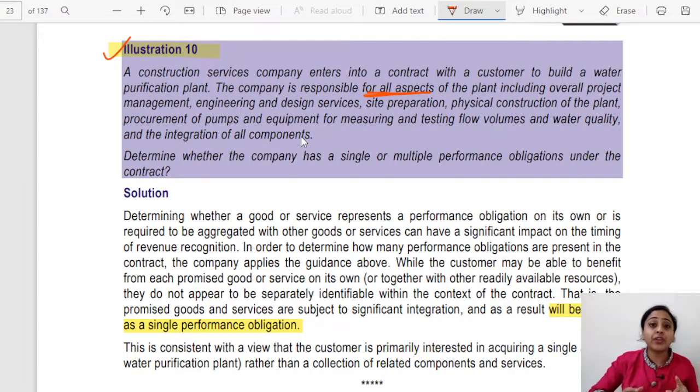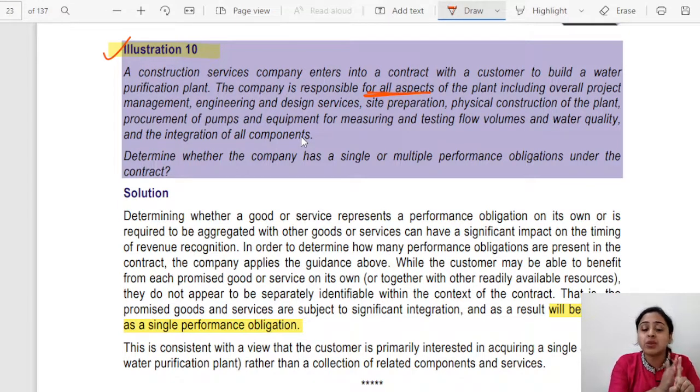The contract is to build the whole plant, not for any separate services and separate goods. Therefore these goods and services that you are transferring should be considered as one particular package. It should not be separated, as there is one performance obligation.